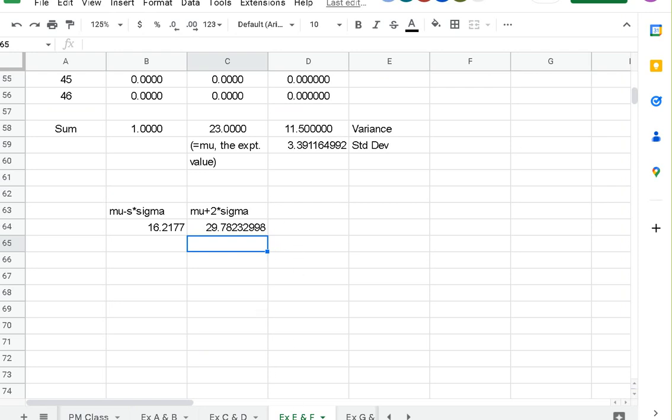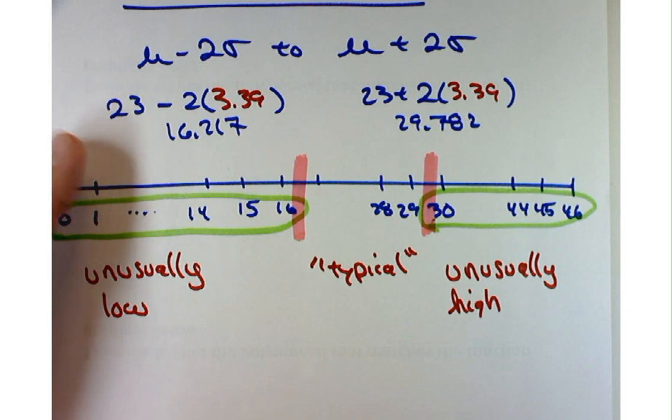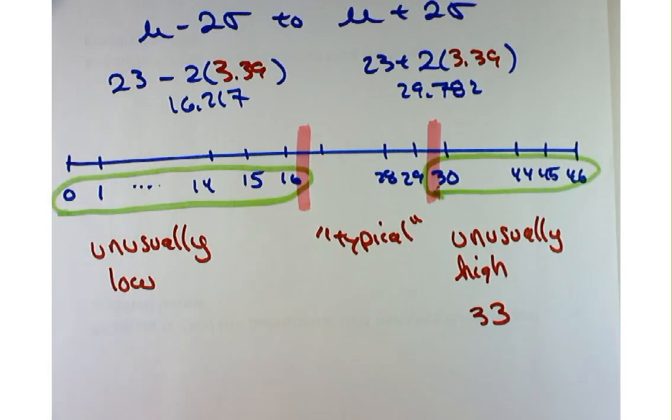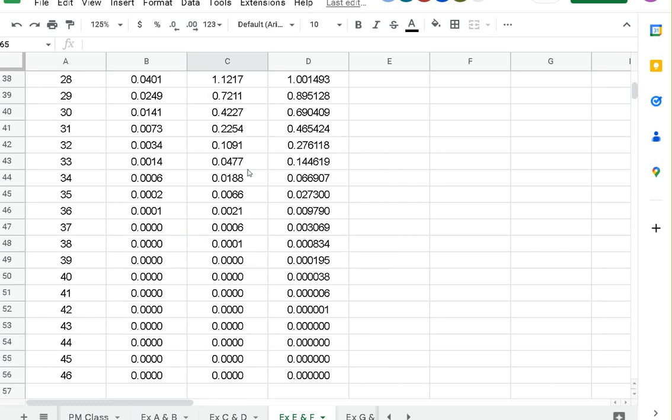So does the method seem to be effective? Yeah, it really does. In fact, if you start looking at the probabilities of getting 33 girls or more, it's pretty small. I mean, 33 or more, that's a pretty small probability. Yeah, might be close to 5%, but it's definitely on the unusual side.